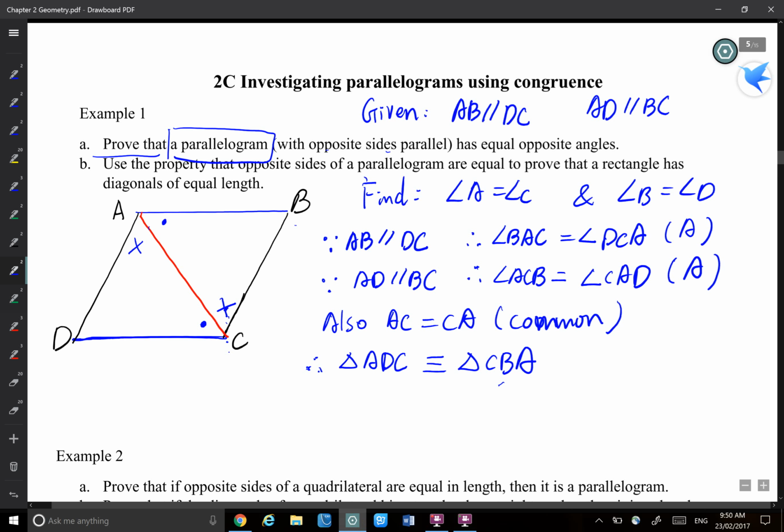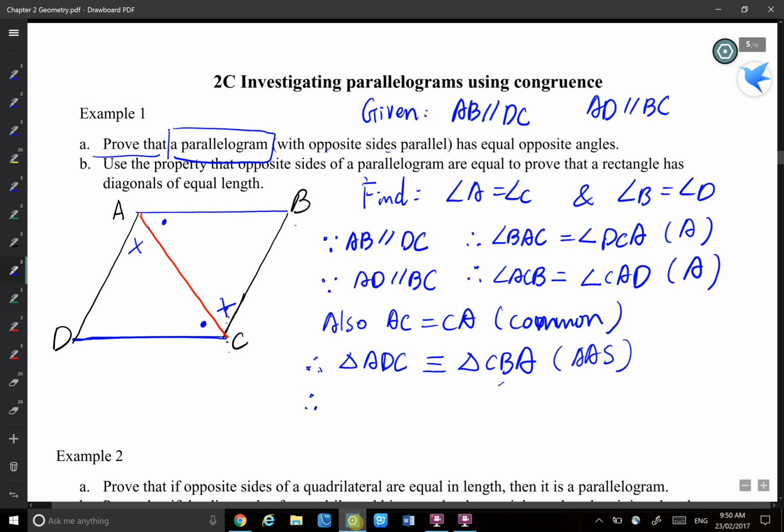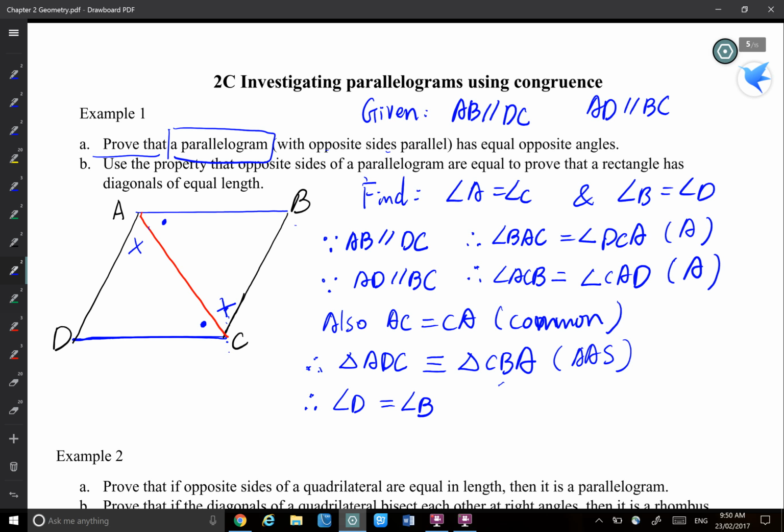So those must be congruent because of AAS, angle and side. So angle D will equal angle B because they are corresponding angles. So those two must be equal.